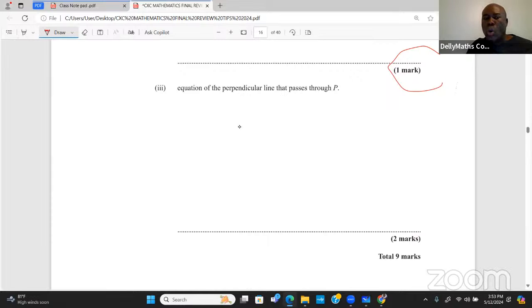All right. Now, the question went further and it says, determining the equation of a perpendicular line that passes through P. All right, so this is actually a very nice question.